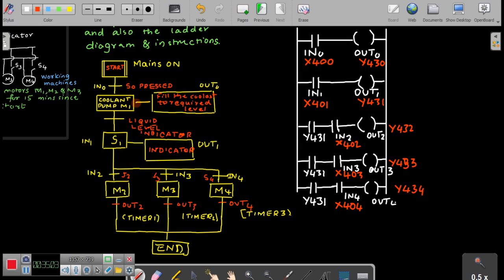After all these things, you would come to the last part of it, that is the end rung. This is the simple ladder diagram which we can write for the given example.